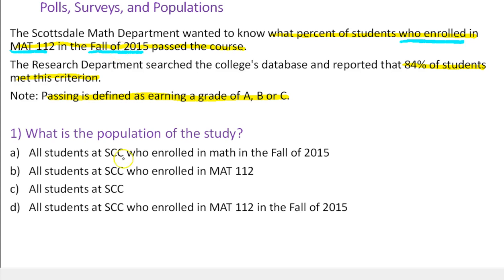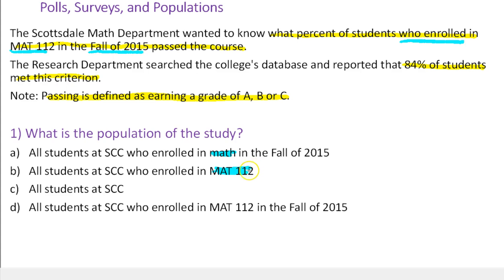Now notice if you look at these, they all look pretty good, so you have to be careful when you're defining your population. All students at SCC who enrolled in math in the fall of 2015. This is a math course, we have the right year, we have SCC students, but this just says math. We specifically want MAT 112. This answer, all students at SCC who enrolled in MAT 112, well, that's good because we have MAT 112, they enrolled in it, but notice it doesn't indicate the semester.